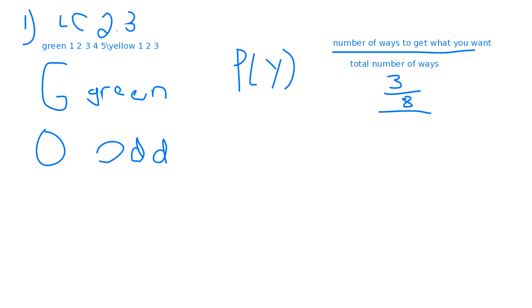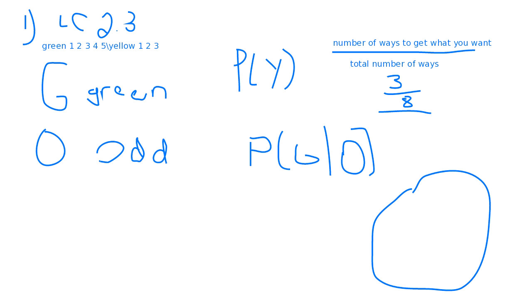Okay, the next question is the probability it's green given that it's odd. Now, I know the original problem says even, but if you can do this one, you can do that one. Given means that we know that it's odd. So it has to come out of all the odd numbers.